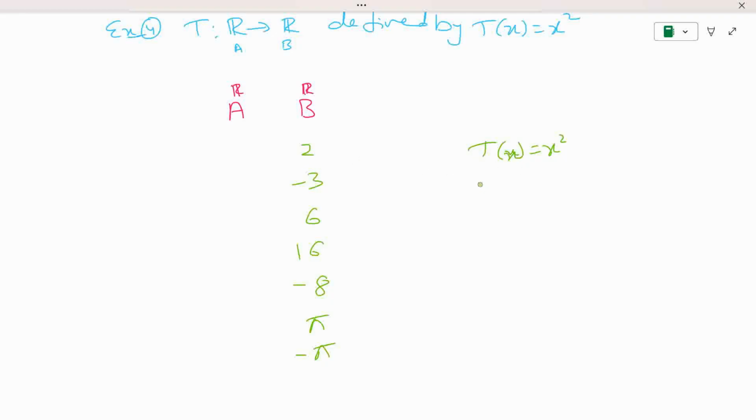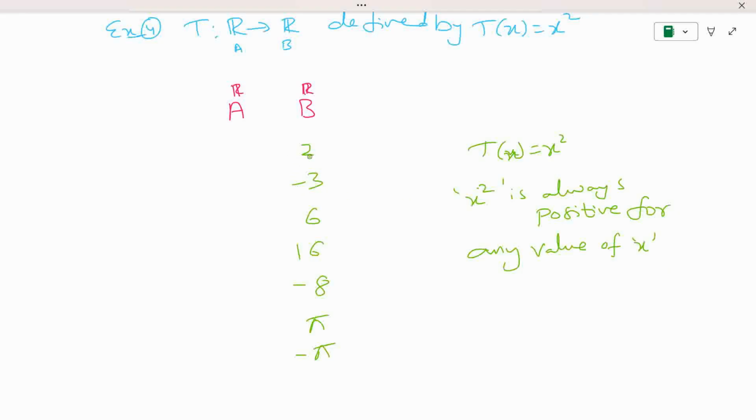But we know that x square is always positive, for any value of x.